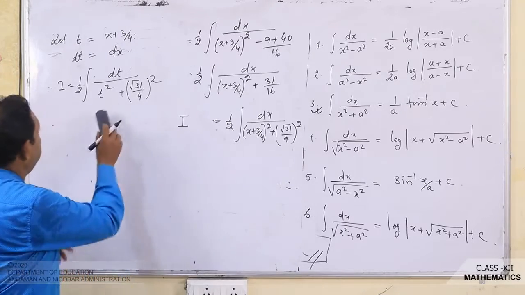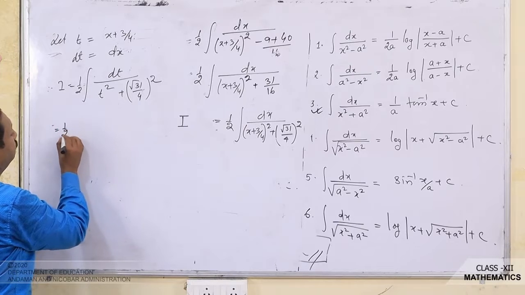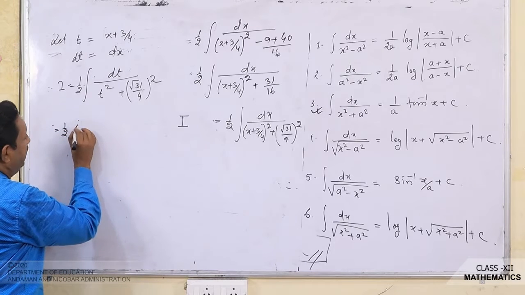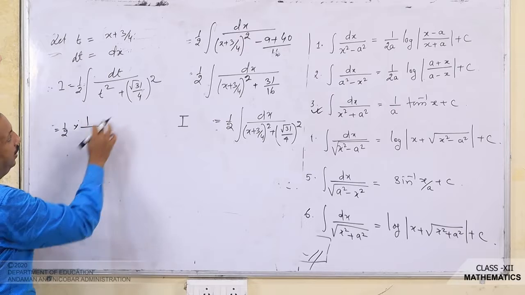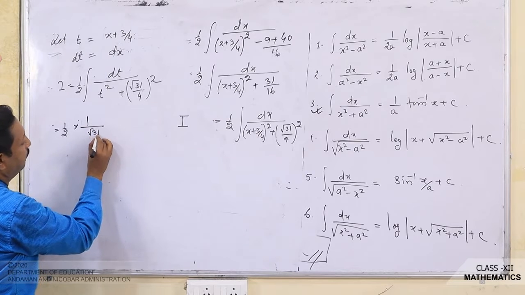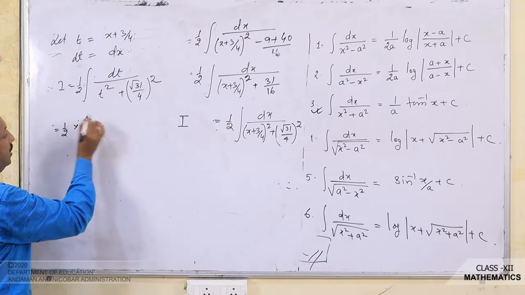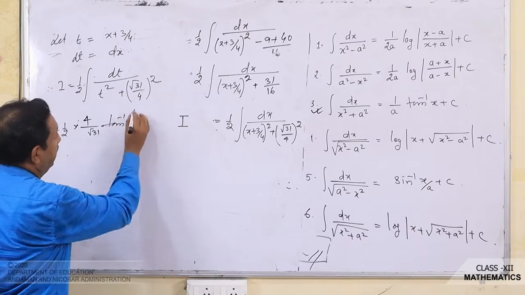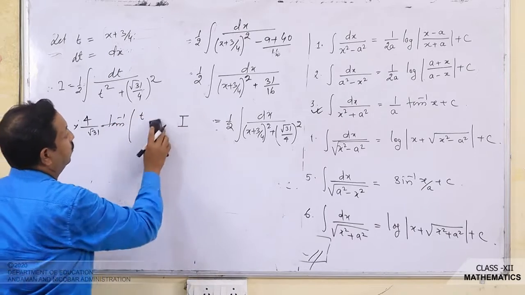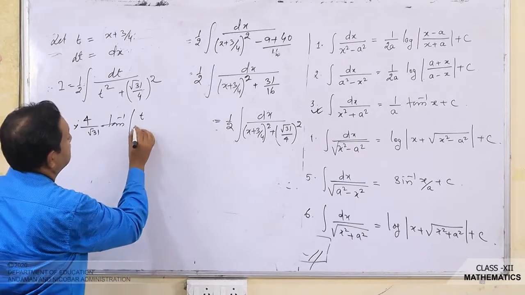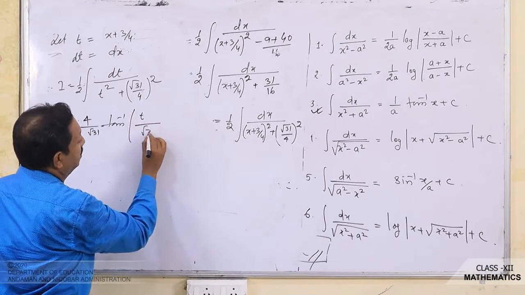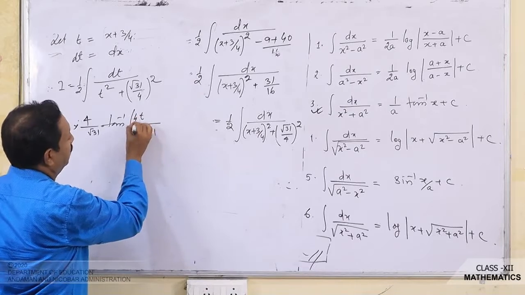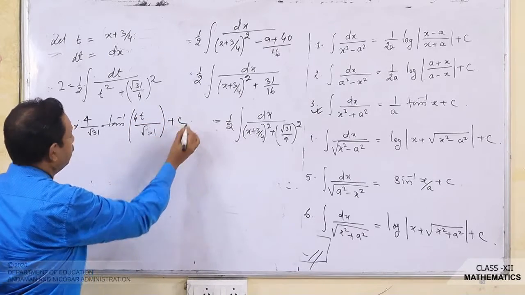So, that means here we can write 1 by 2, 1 by a is 1 upon a, means root under 31 by 4. I can write here also tan inverse x by a, x means t, and a means again root under 31 by 4, so I write 4 here, plus c.